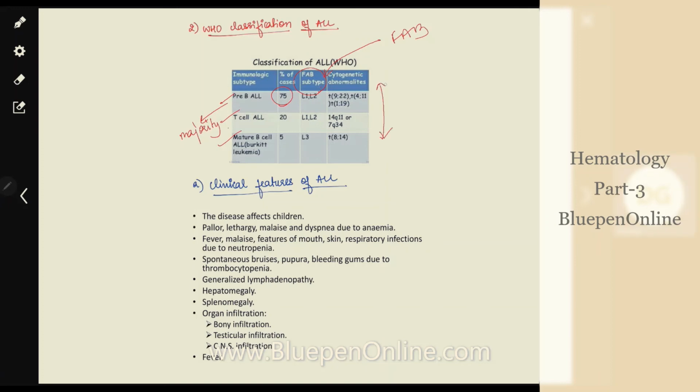So how does the patient with ALL present to you? The child will present with pallor, lethargy, malaise, dyspnea due to anemia, fever, features of mouth, skin, respiratory infections due to neutropenia. So you have decreased HB, decreased WBC, and spontaneous bruising, purpura, bleeding gums due to thrombocytopenia, decreased platelet.